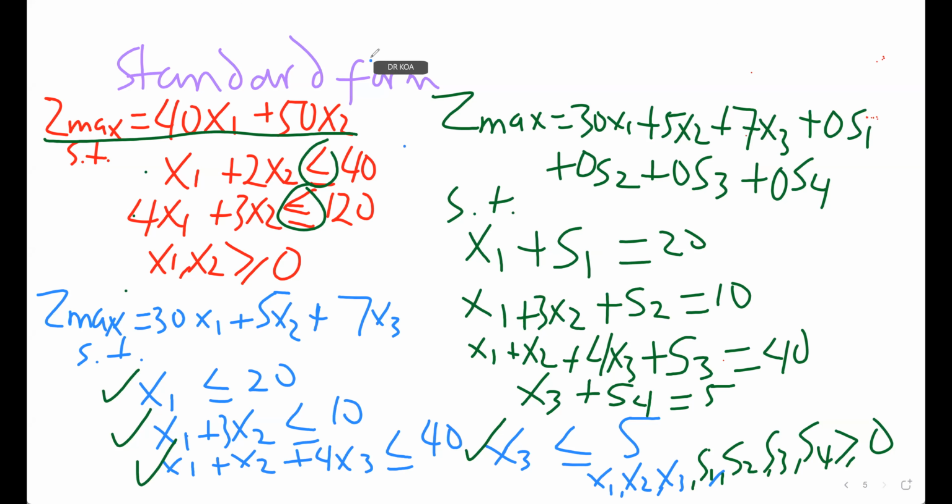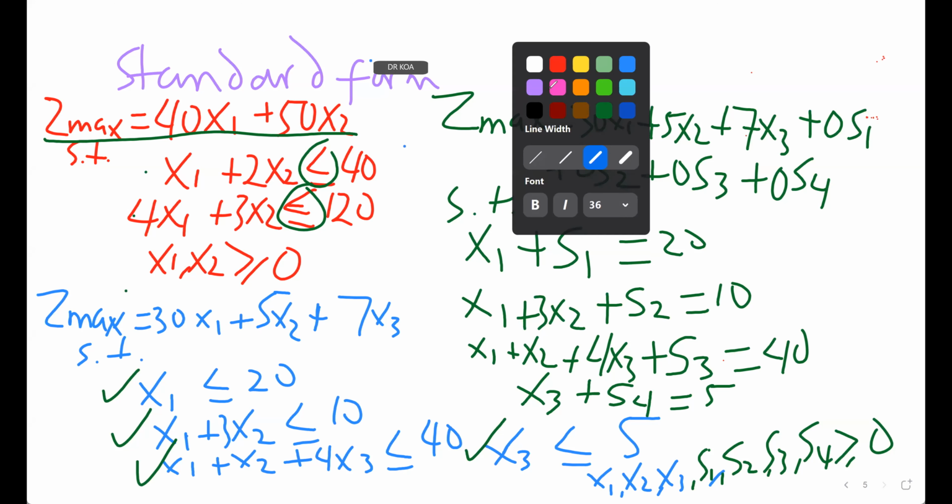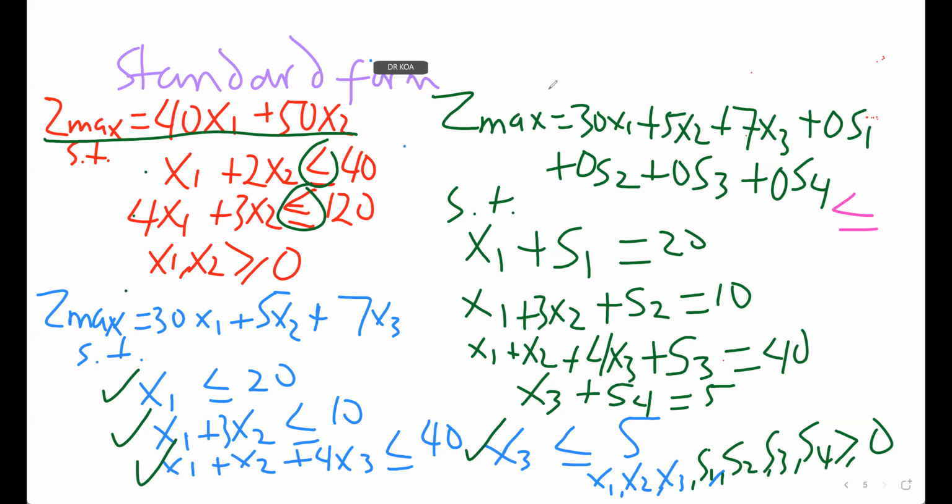The other thing is that all the symbols I gave you were inequalities, less than or equal to. What if there was a greater than or equal to in anything? Suppose this x1 here was rather greater or equal to 20. Then the slack will not be plus here.